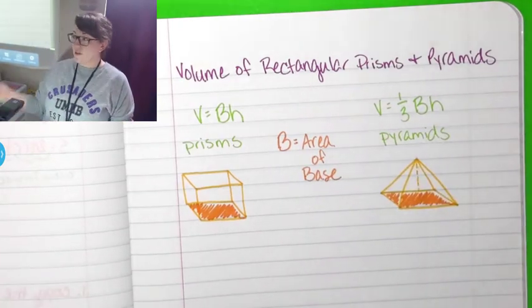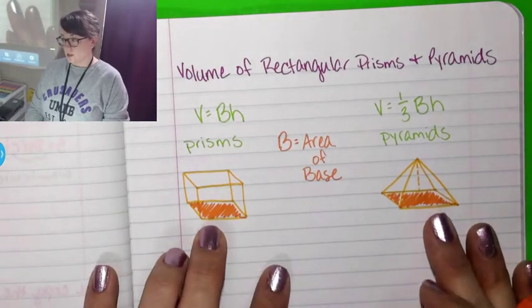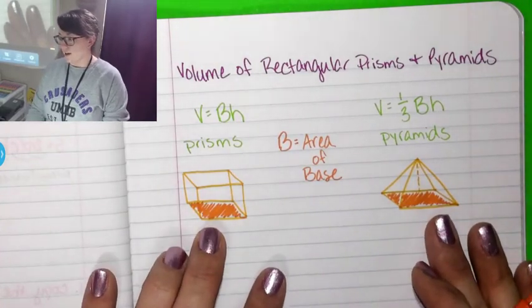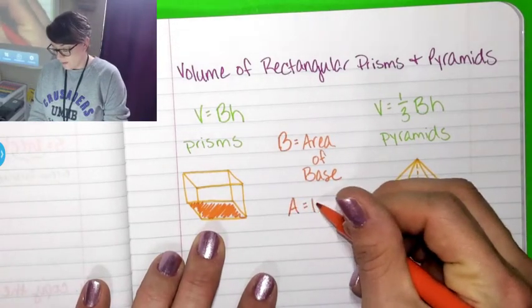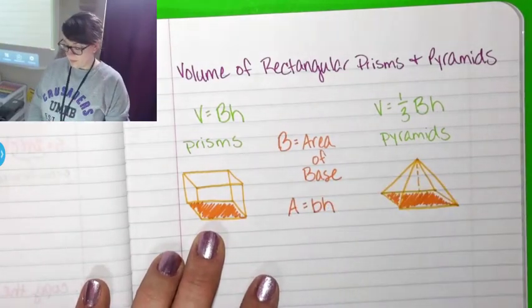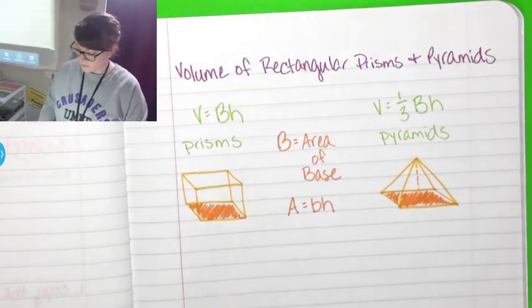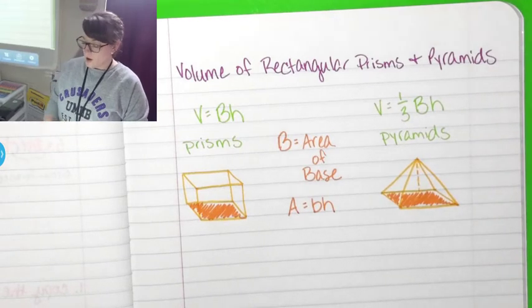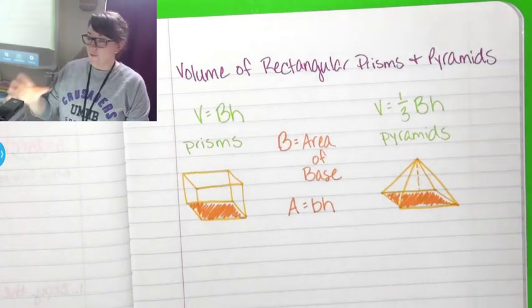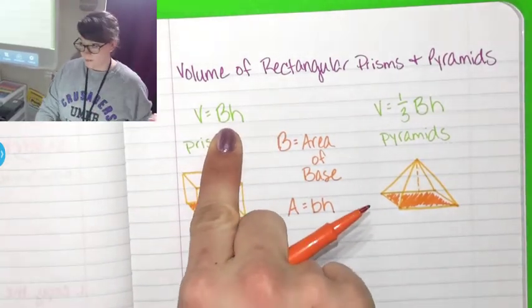Now, the area of the base in this instance is a rectangle. And what is the formula for area of a rectangle? A equals BH, base times height. And why do we do that? Because every prism uses this formula. Every prism.